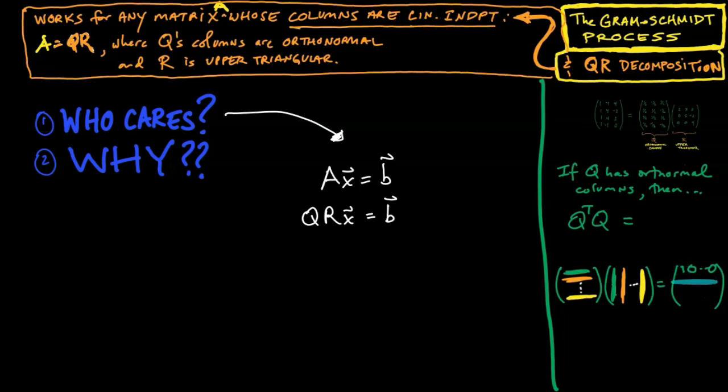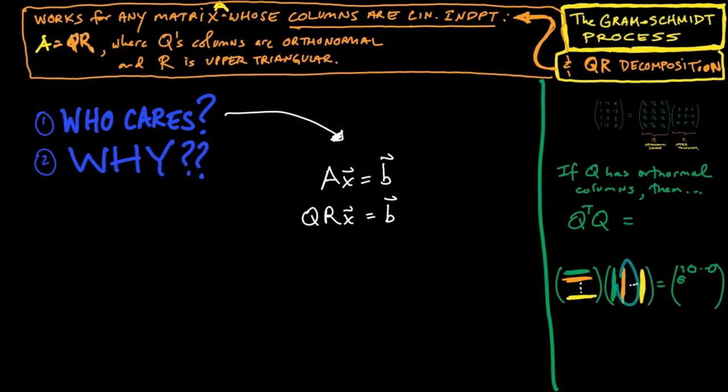If we look at the second row in the product matrix, well, the first entry is going to be this orange vector dotted with the green vector. But the orange and green vectors are columns of our matrix Q, so their dot product is going to be 0, because the columns are orthonormal. You will always get a 0 when you dot two of these columns, unless it's a case where you are dotting one of the columns with itself.